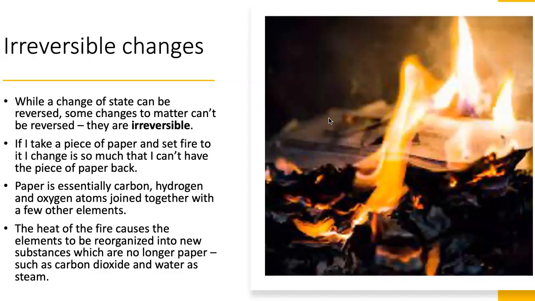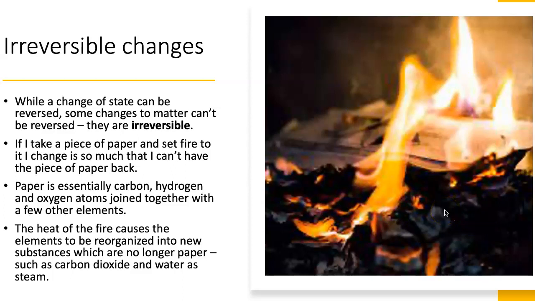And then we have things that are irreversible. So as you'll be well aware, you put some paper in the fireplace and it burns and you don't have paper anymore. So paper is essentially carbon, hydrogen and oxygen, and there's some other elements there as well. So when you burn it, you basically release all those as gases, and you might have some carbon left here in these bits of paper, and some other minerals with the carbon.